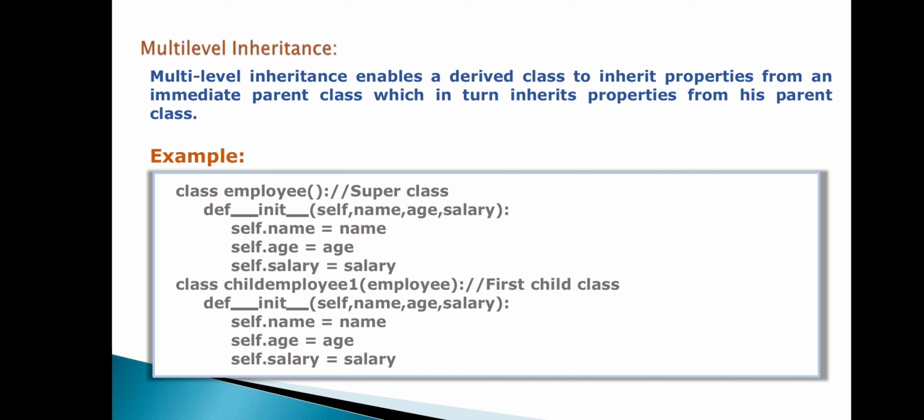Class father inherits the properties from grandfather, and class son can inherit the properties from the father class. That's how it works. Multi-level inheritance enables a derived class to inherit properties from an immediate parent class, which in turn inherits properties from its parent class.